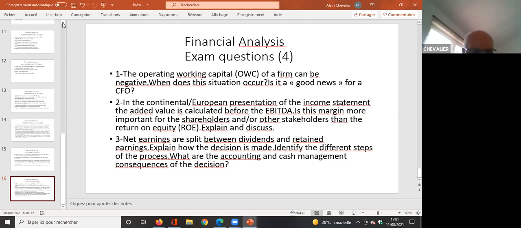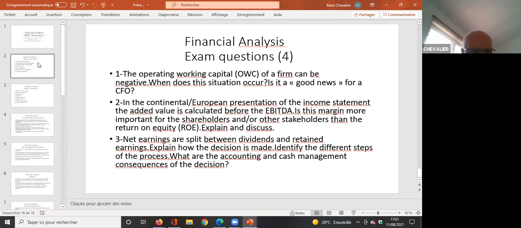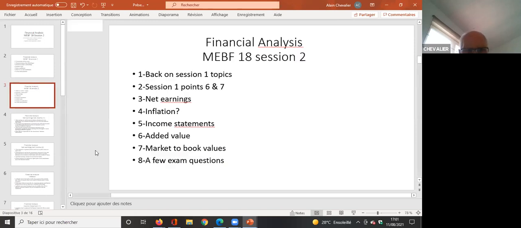So that means here in this presentation today, we have left a few points. In fact, point number 7, market to book values. We'll deal with that tomorrow, starting with this topic. And then we also have to come back at the beginning to one of the last 2 slides on exam questions.